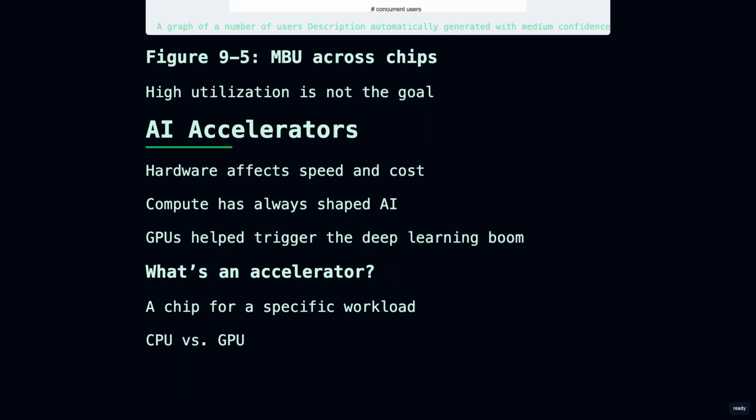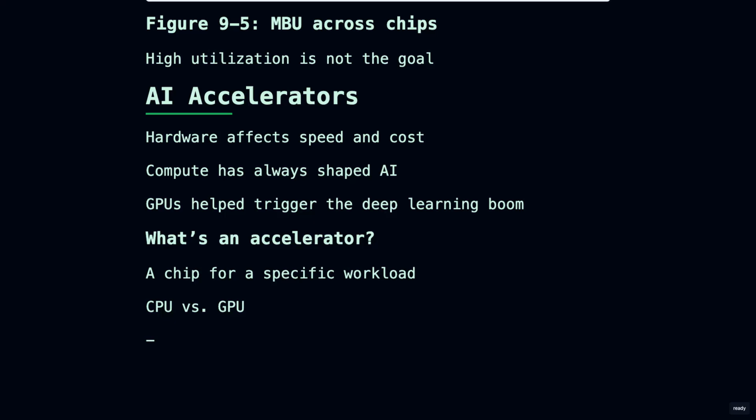The key contrast is purpose. CPUs are built for general computing, while GPUs are built to run many operations in parallel. This is the first side of the comparison.